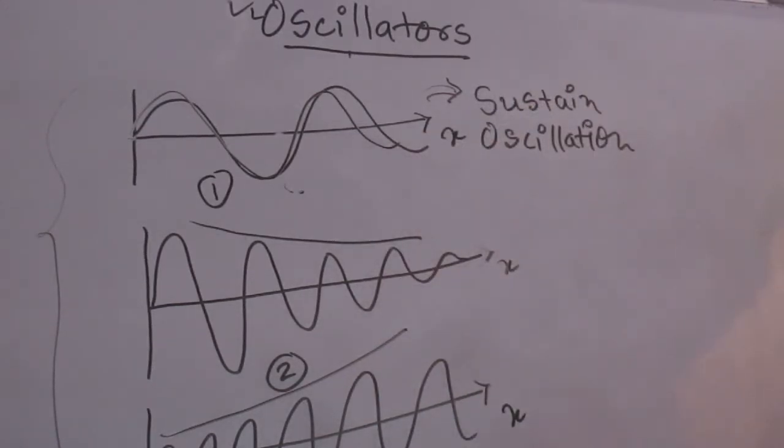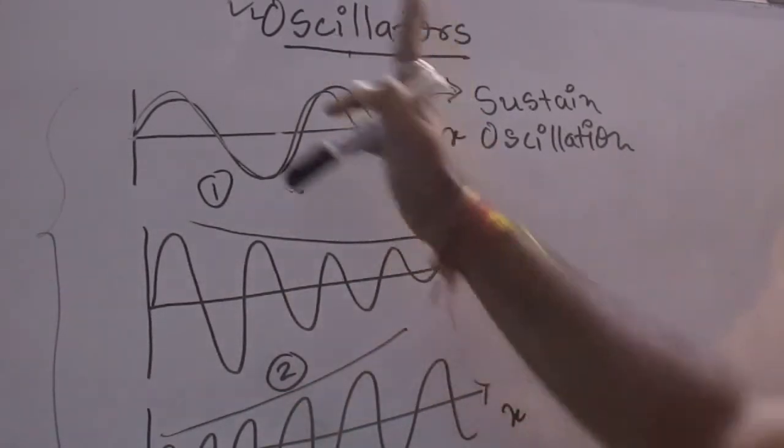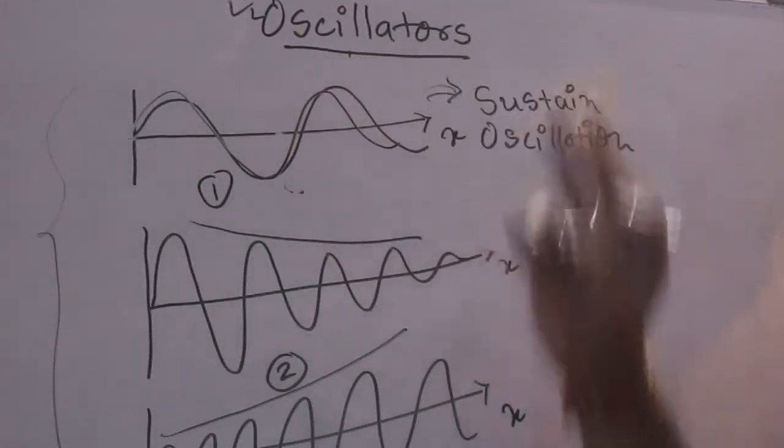Now, what is an oscillator? We can define the term oscillator. An oscillator is nothing but a circuit that provides sustained oscillation.